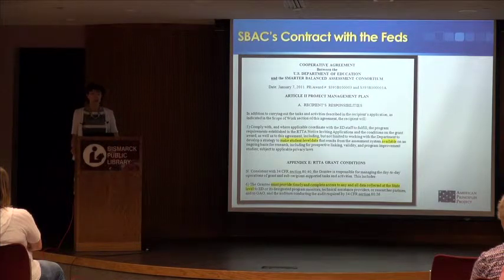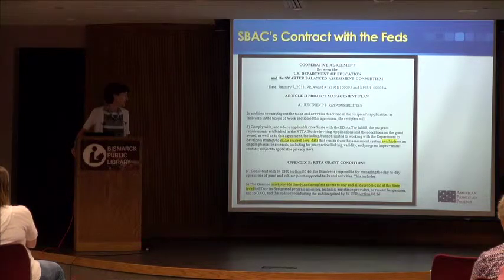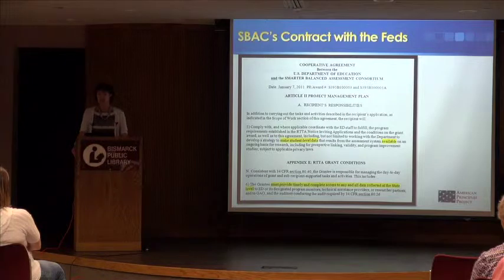And in that agreement, Smarter Balanced has agreed to make student-level data that results from the assessment system available on an ongoing basis to the United States Department of Education for research, including for prospective linking, validity, and program improvement studies subject to applicable privacy laws. And as we see now, there are no such applicable privacy laws. And then in the appendix, they say the grantee, meaning Smarter Balanced, must provide timely and complete access to any and all data collected at the state level.